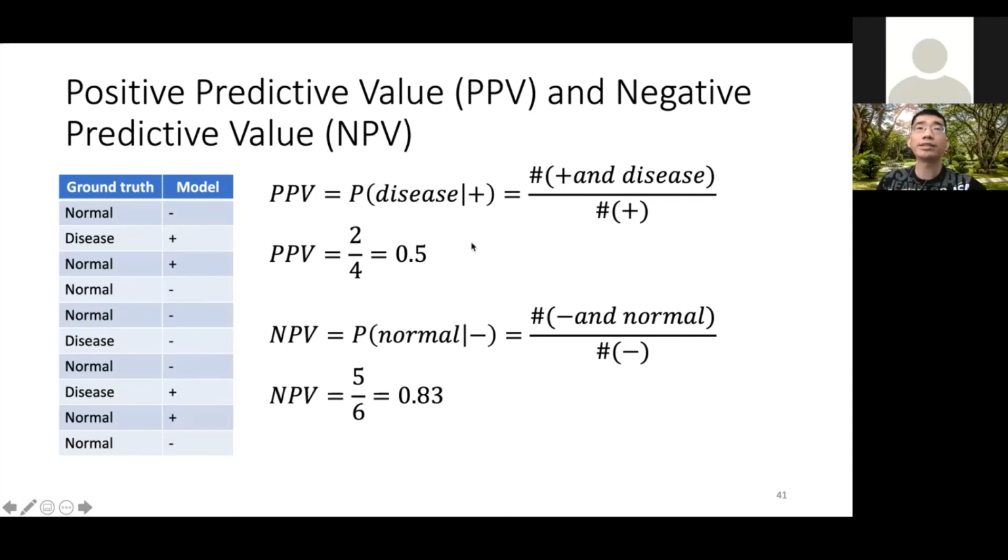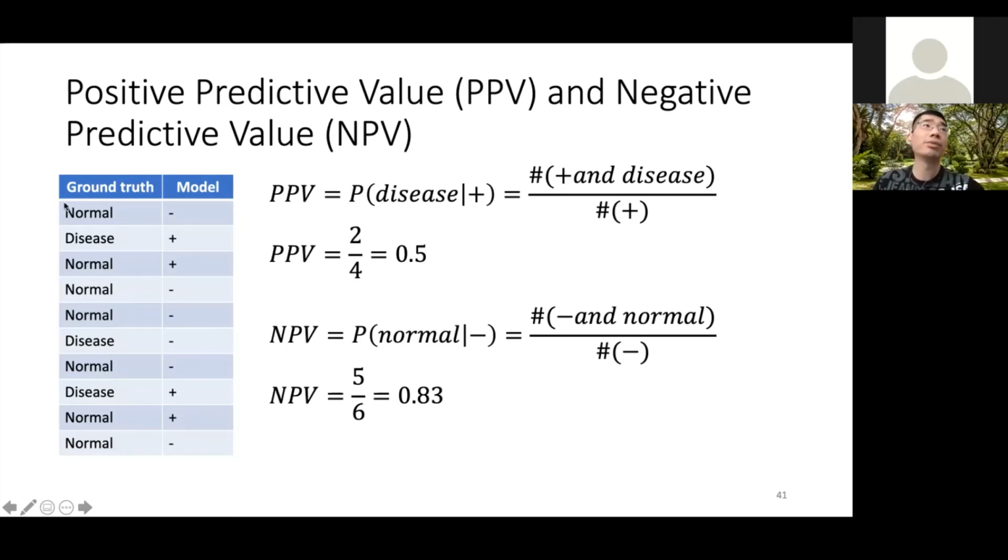And let's now look at the NPV. NPV can be computed as the fraction of negative examples that are also normal. So in the denominator, we are looking at everywhere the model prediction is negative, which is 1, 2, 3, 4, 5, and 6, right? And in the numerator, all the places where it is negative and the ground truth is normal.